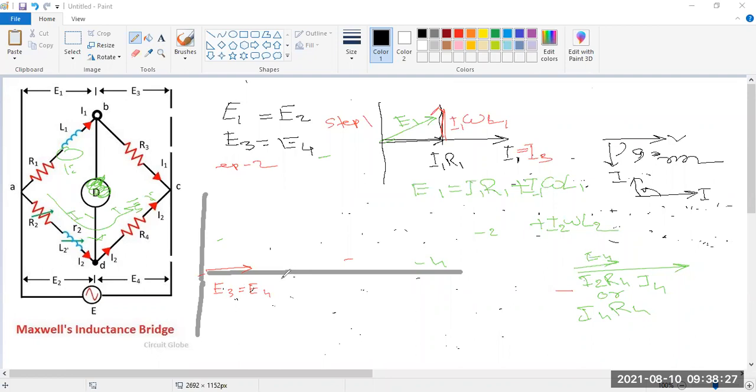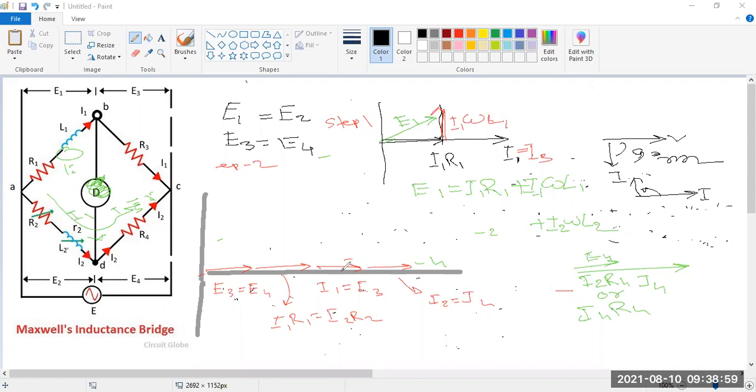Okay, and from here another line we get, that is I1 R1 equal to I2 R2, and from here we got another line, that is I1 equal to I3. From here another line we got, that is I2 equal to I4.